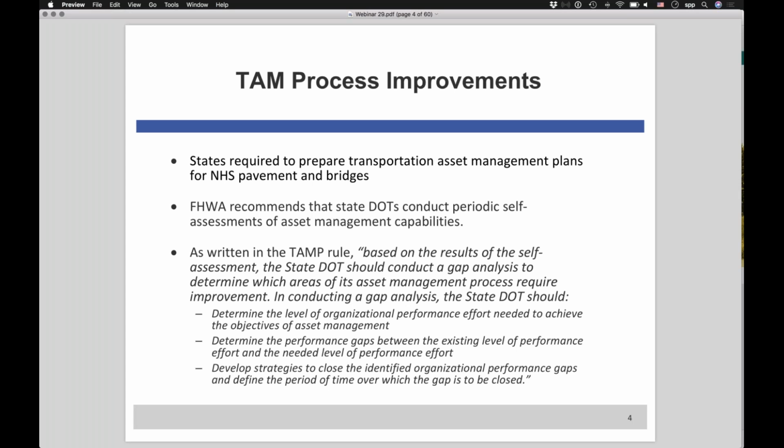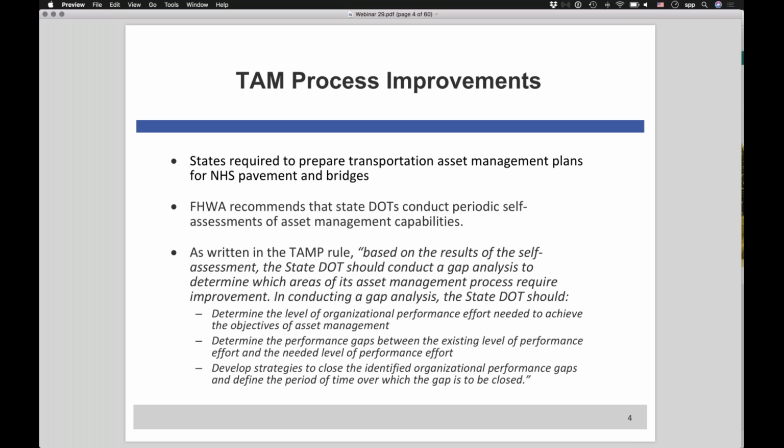States are required to prepare asset management plans for the NHS pavements and bridges. And per 23 CFR 515.19, Organizational Integration of Asset Management, we say that state DOTs should conduct periodic self-assessment of their asset management capabilities.